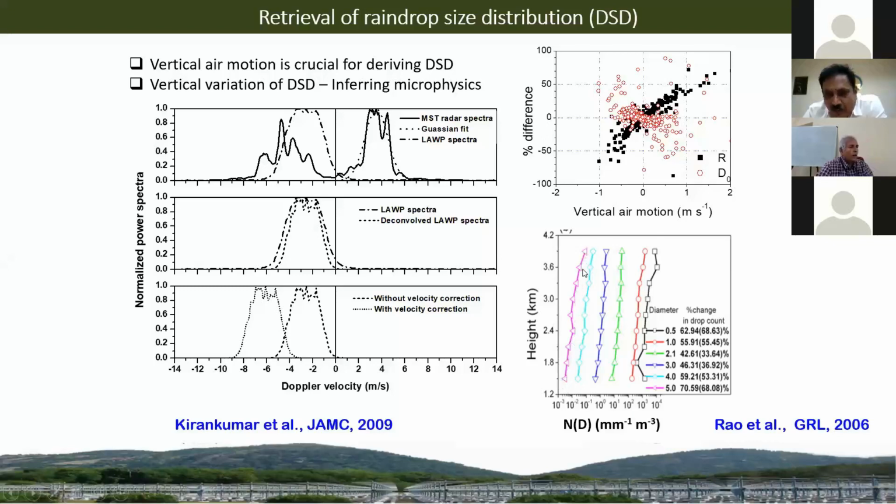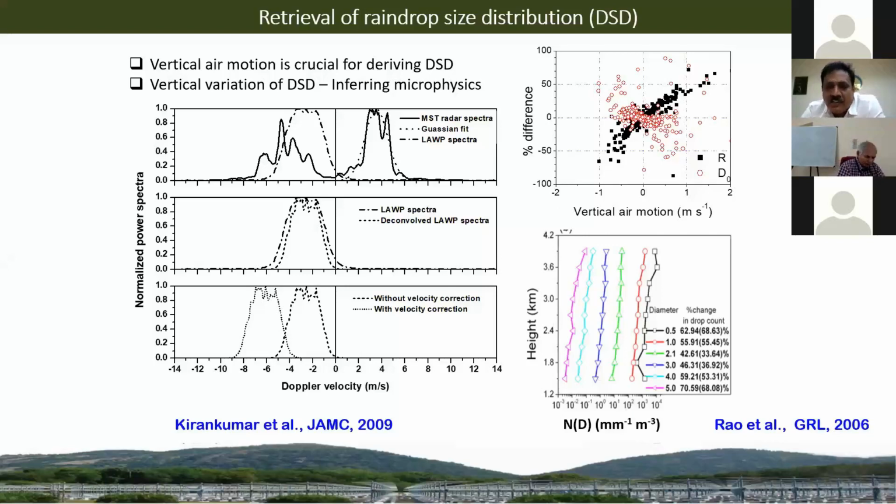As the raindrop falls down, for different size drops, the number density of each size is getting reduced because of the evaporation. So we can indirectly get the microphysical information from the vertical variation of the raindrop size distribution, what kind of microphysical process is occurring there.